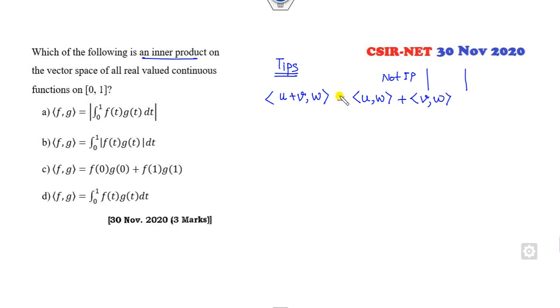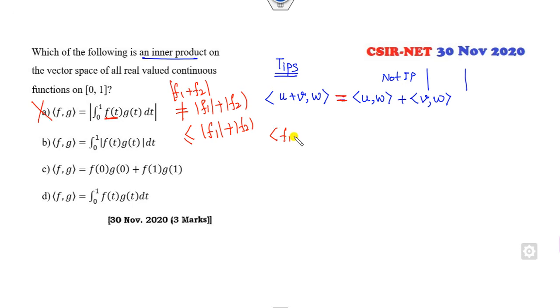Remember, it's an equality. But whenever you take the modulus value, the modulus of f1 plus f2 is not equal to the modulus of f1 plus the modulus of f2. Although it is less than or equal to, we need an equality. So the first option is cancelled out.